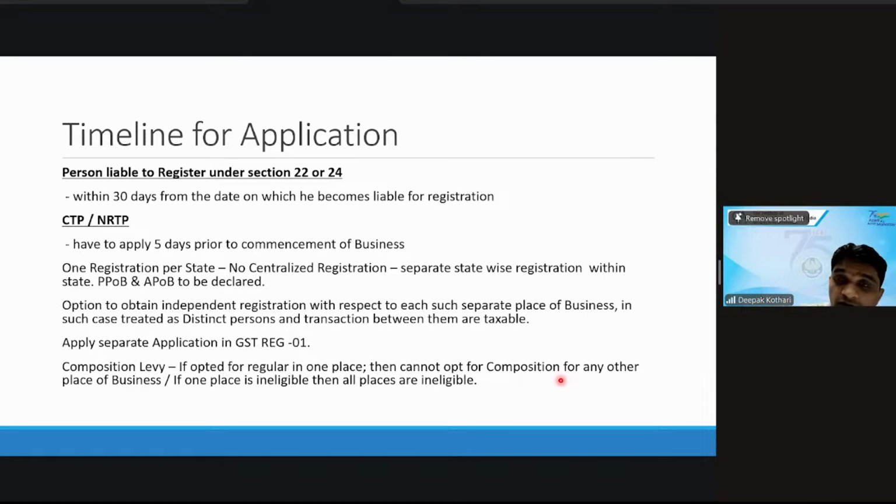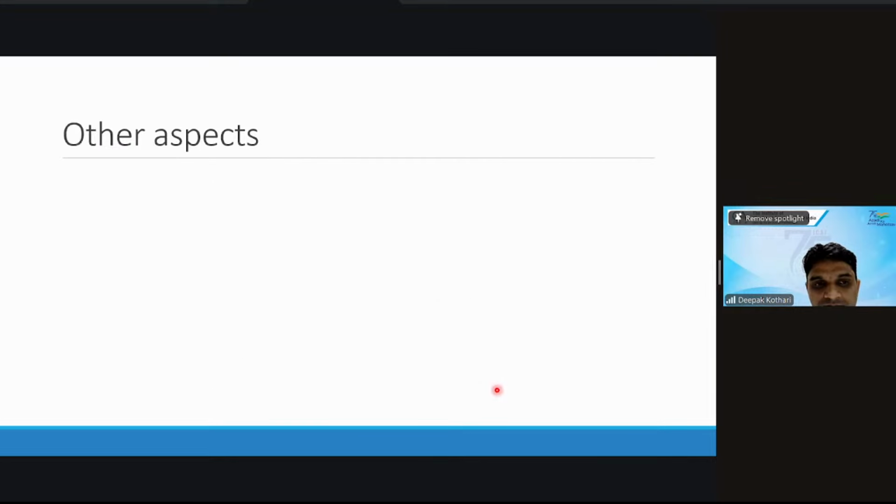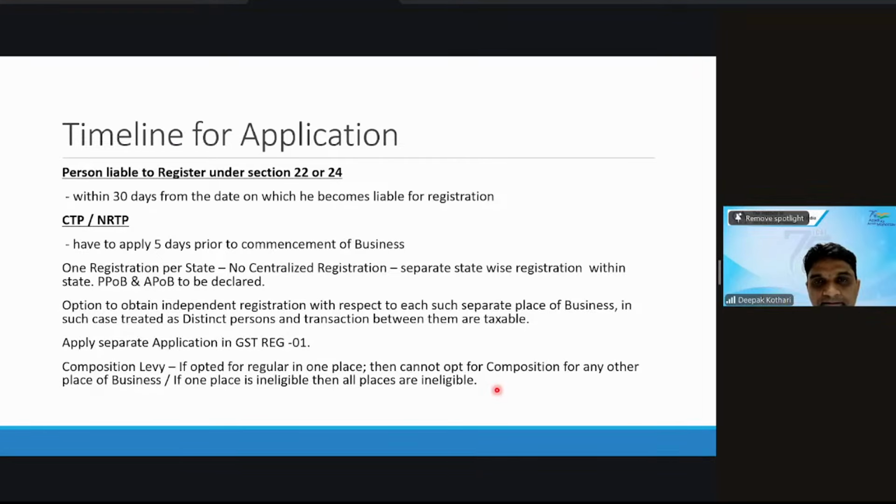Or if you're opting for composition in one and regular in another, that's not possible. So that composition place also you have to go for regular scheme only. Because if opted for regular in one place, then cannot opt for composition for any other place of business. If one place is ineligible, then all other places also become ineligible.